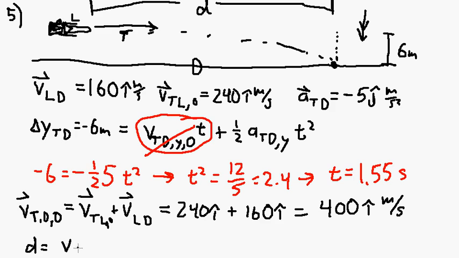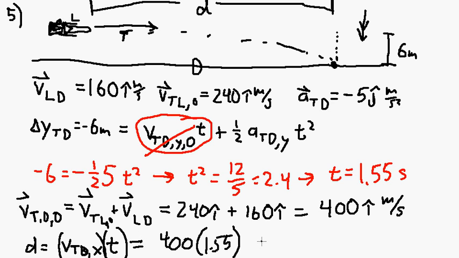So d equals the velocity of the torpedoes with respect to the Death Star in the x direction, times t, which is 400 times 1.55, which equals 620 meters.